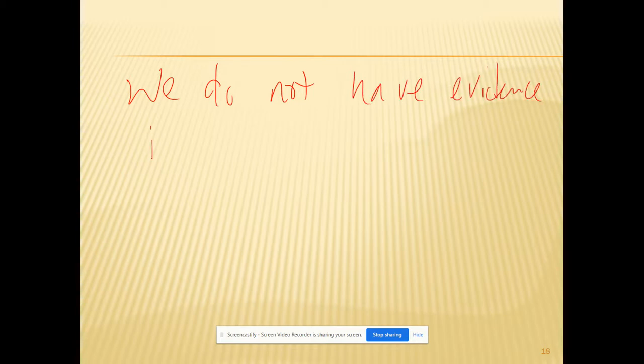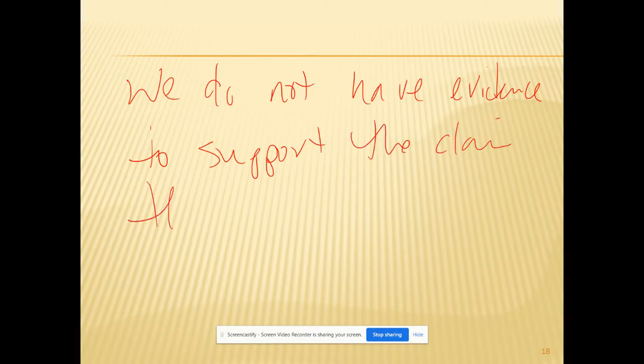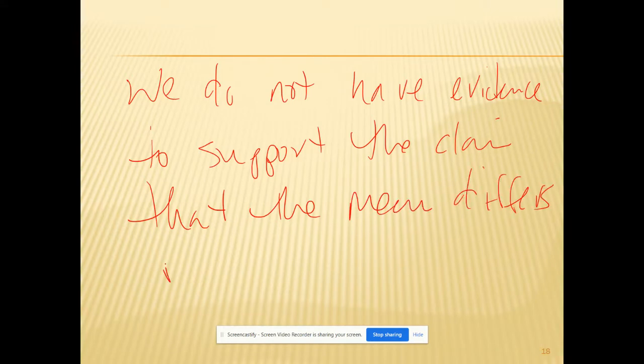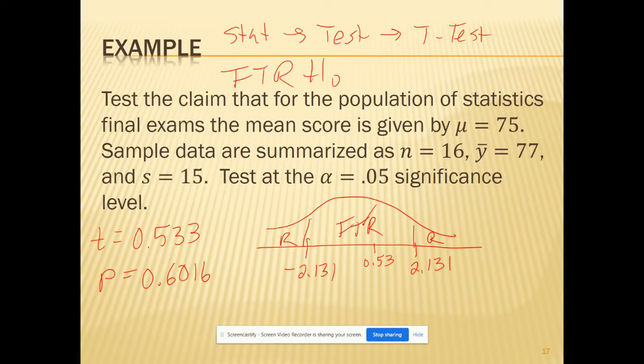That means we do not have evidence to support the claim that the mean differs from 75. In other words, our sample data is in keeping with the idea that the mean score is equal to 75.